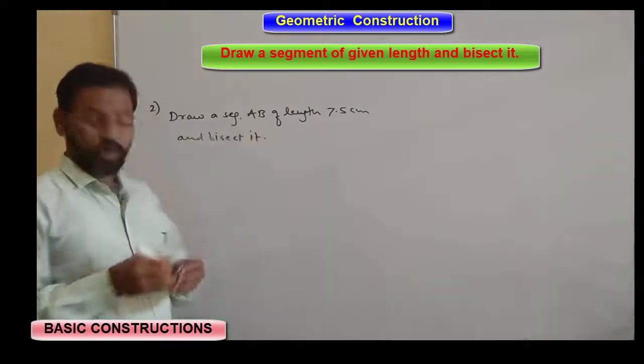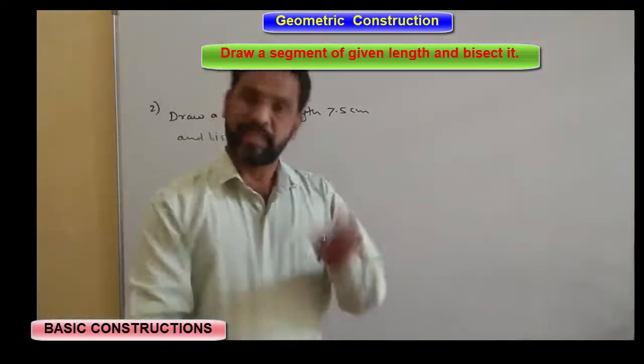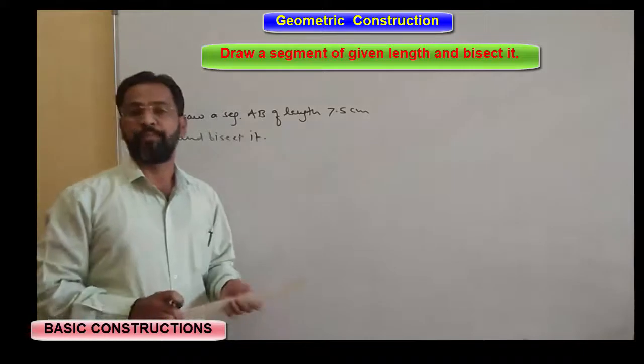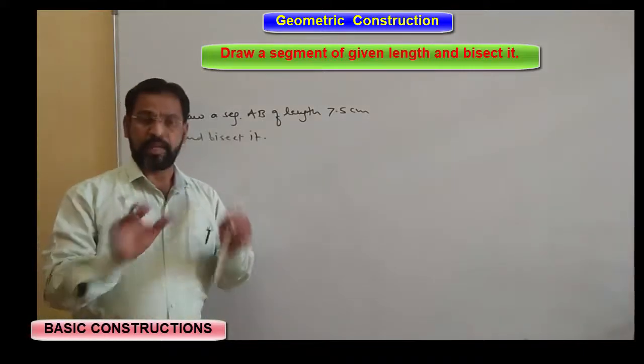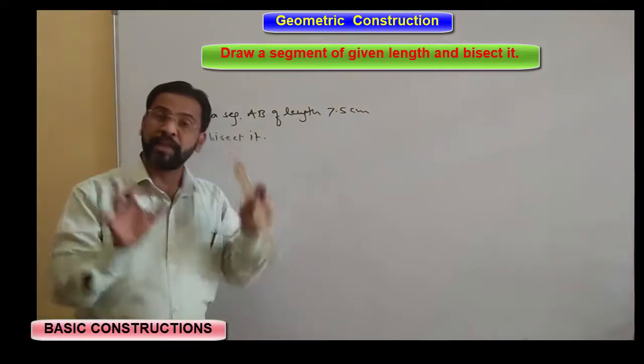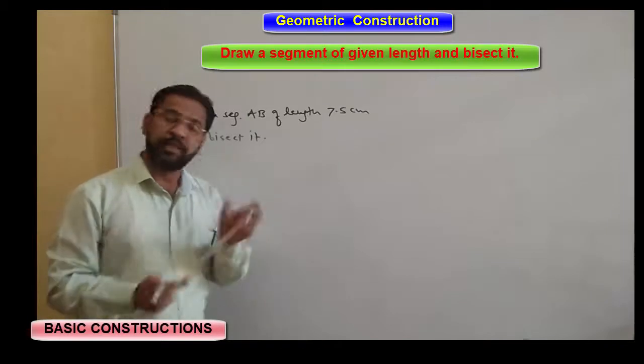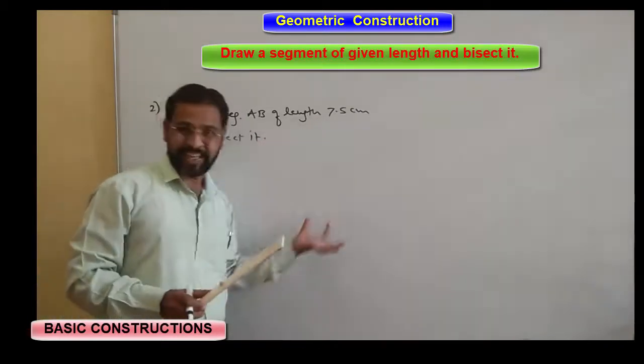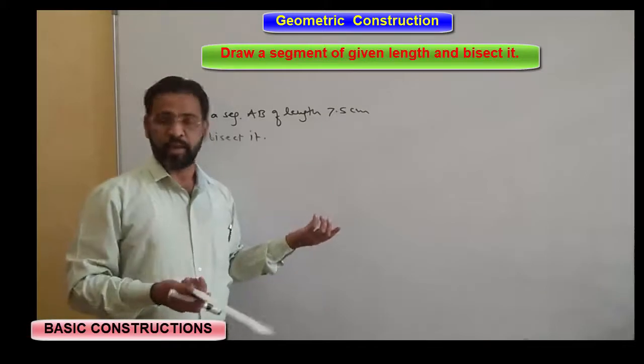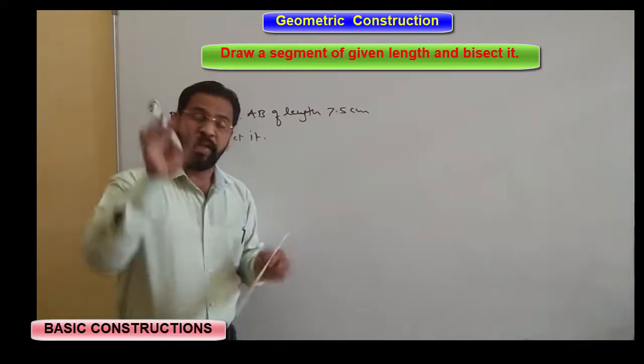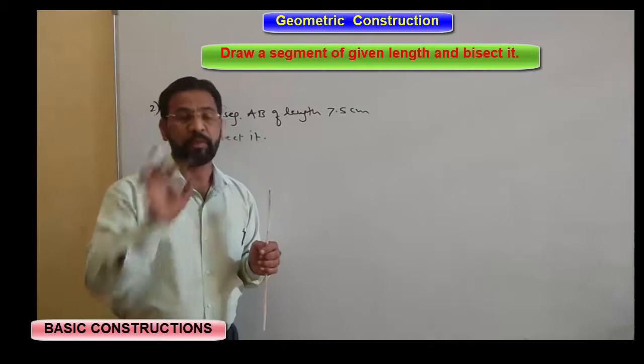First, we are going to draw the segment of length 7.5 centimeter. I am going to take an approximate distance here because if you take exactly 7.5 centimeter, you cannot see it here. For that, you can take exactly 7.5 centimeter by using a scale.